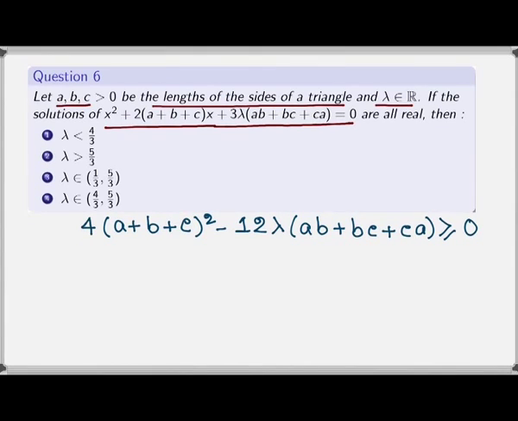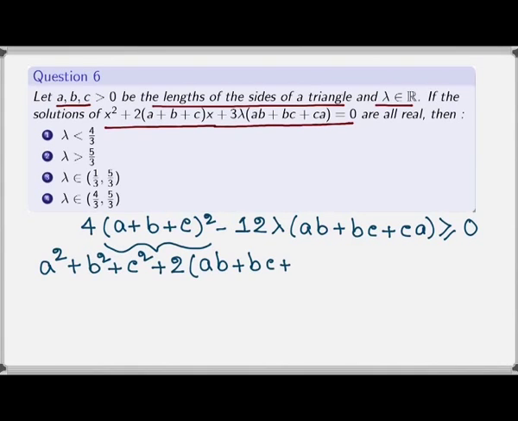Now if we cancel 4 from this inequality and split this term (a + b + c)², we obtain that a² + b² + c² + 2(ab + bc + ca) − 3λ(ab + bc + ca) ≥ 0.